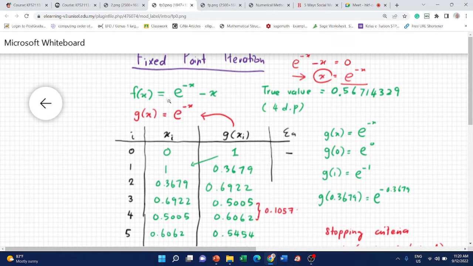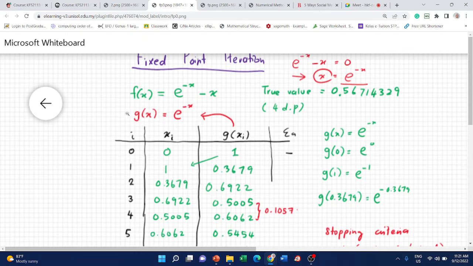When we move this x to the left hand side, you have x equal to e to the power negative x. Once you express x on the left hand side, that is your g(x), the new function. So g(x) originates from x equal to e to the power negative x. Then x is relabelled with the new notation g(x).